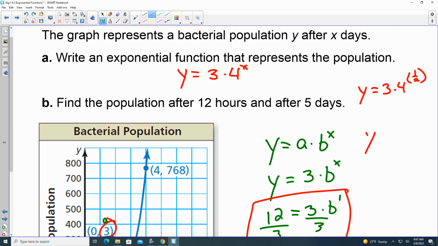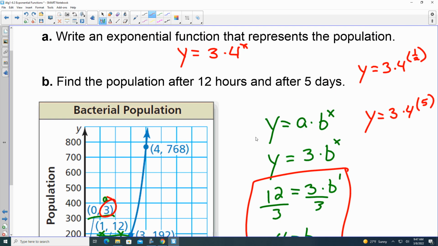And then the second one is going to be y is equal to 3 times 4 raised to the 5th power. So looking at the first one, 4 to the 1/2 is 2. 2 times 3 is 6. So my answer is 6.